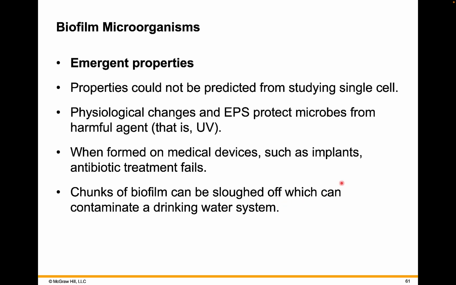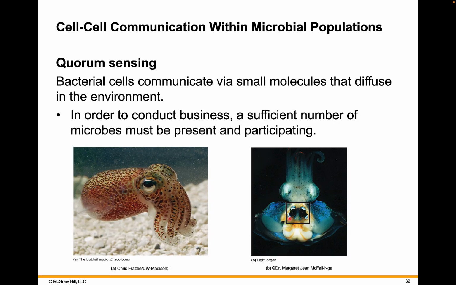And as we say, antibiotic treatment fails, and some chunks of biofilm can be sloughed off, which can contaminate a drinking water system. Many of these water systems have biofilm formation on the inside of their pipes, and it can sometimes slough off.